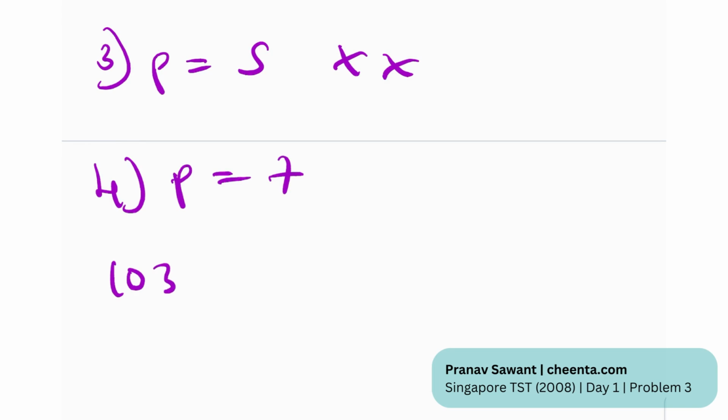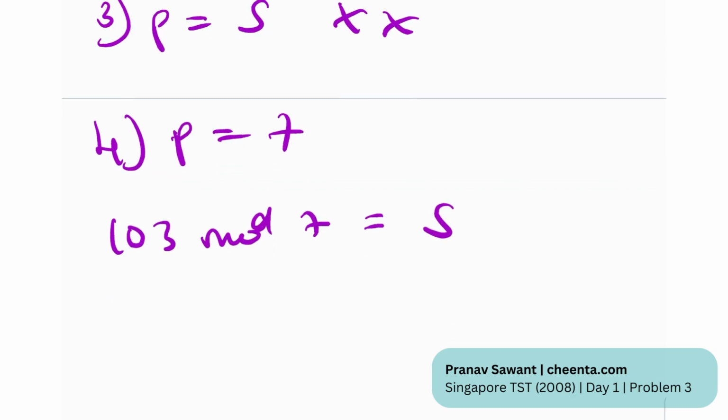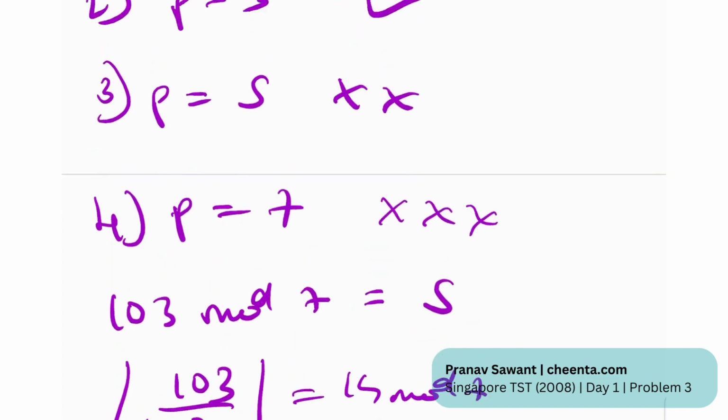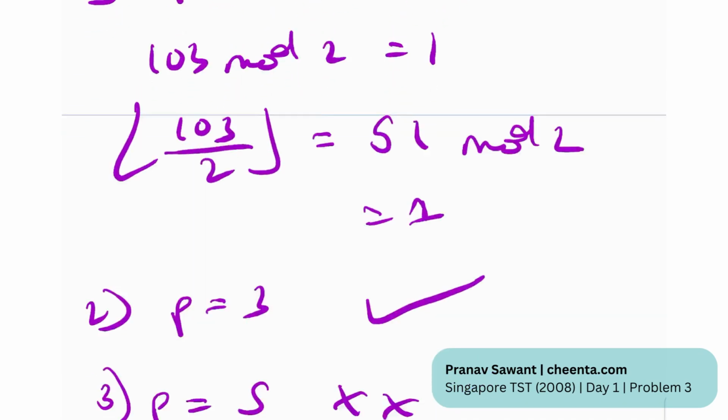So 103 mod 7 happens to be 5, because 14 sevens are 98, so dividing by 7 you get remainder 5. And 103 by 7, when you take the floor, you get 14, and 14 mod 7 is obviously 0. So we have 5 and 0, so this also clearly does not work. So the only values that work are P is equal to 3 and P is equal to 2.